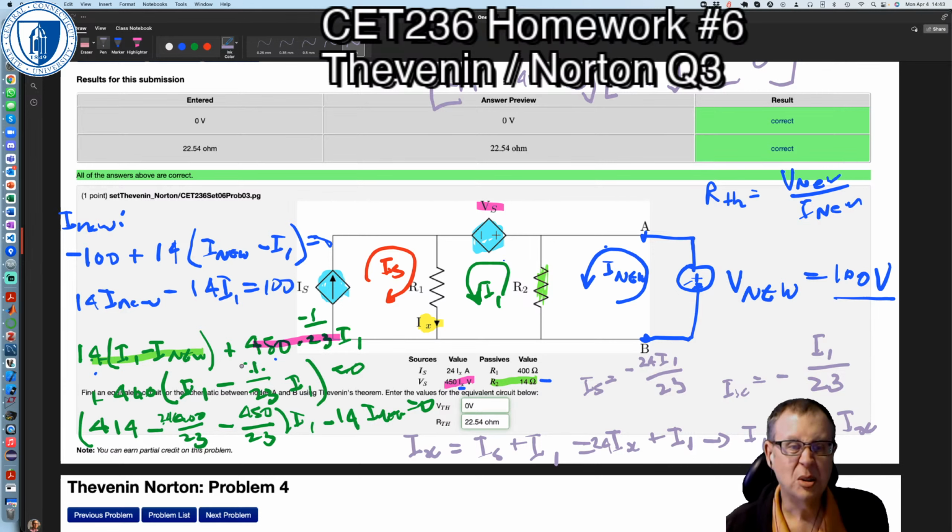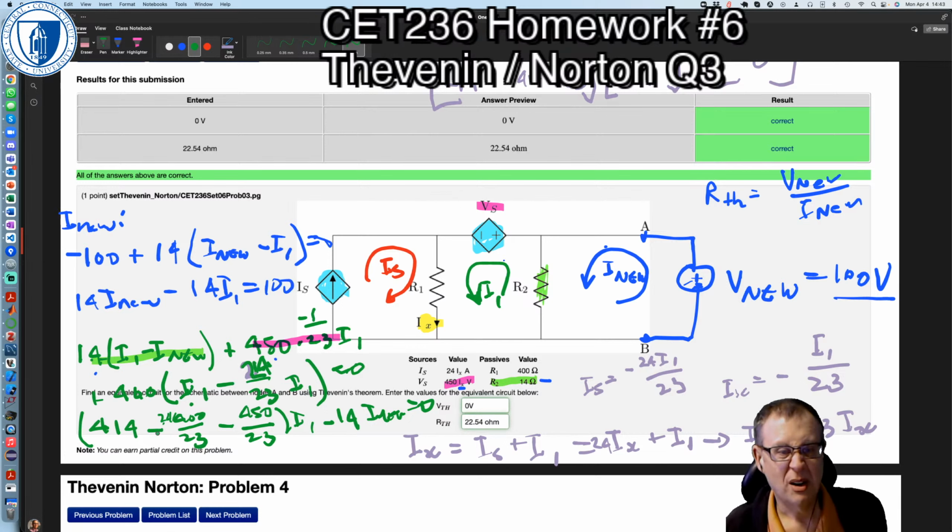So this is going to be, let's just correct that, it's minus 24 on 23 I1, right? So it's I1 plus IS, here is I1, here is IS written in terms of I1, and that whole thing equals 0.